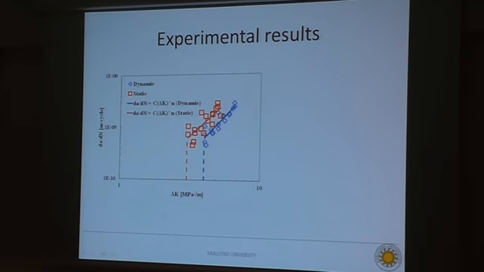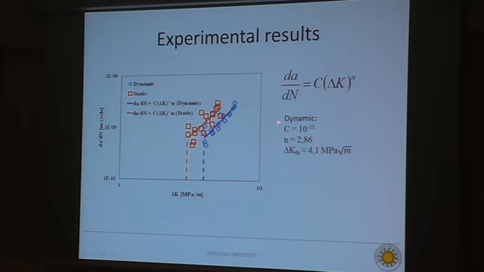The experimental results I'm showing here are the results from both dynamic and static crack growth. This is the crack growth rates, da/dN versus delta K, where we're trying to fit to the Paris law, and the result from the dynamic calculations.